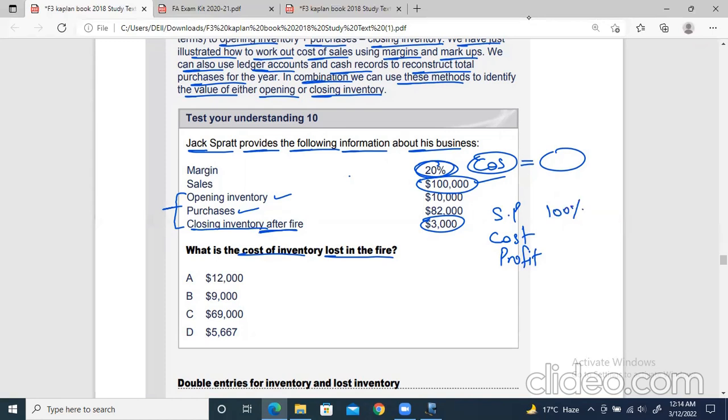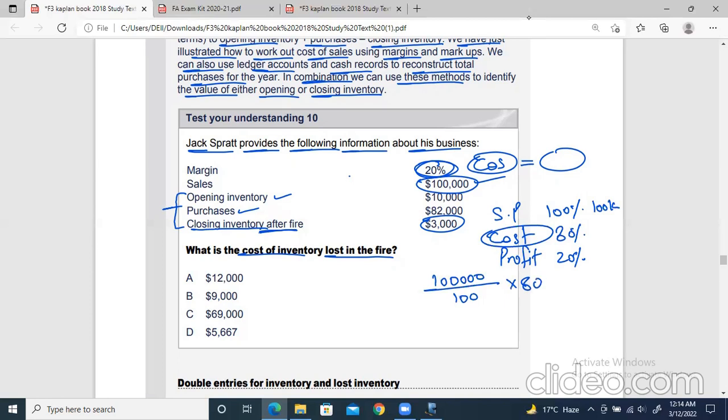Margin is 20%. That means profit margin is 20%. So the cost will obviously be 80% over here, right? So selling price is given how much? 100,000 over here. So we have to find the cost figure. Now what we'll do is 100,000 is representing 100%, right? And we have to calculate 80%.